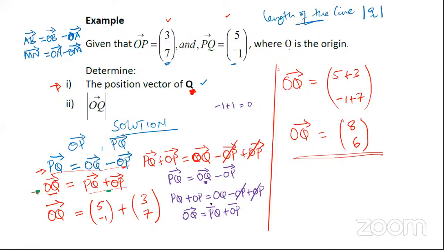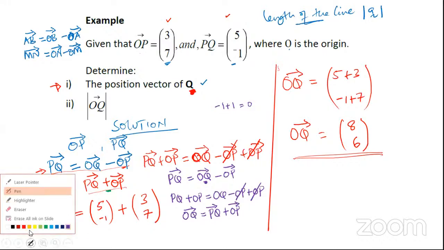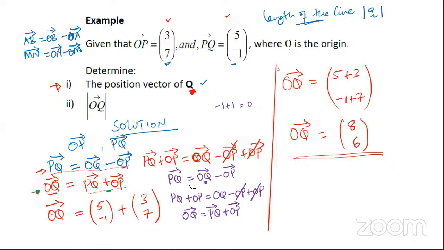Is it clear now? Yes. Okay. So sometimes we can subtract. It's not a must that it has to be addition. Any other question? I want to exhaust this so that we get to understand it clearly.